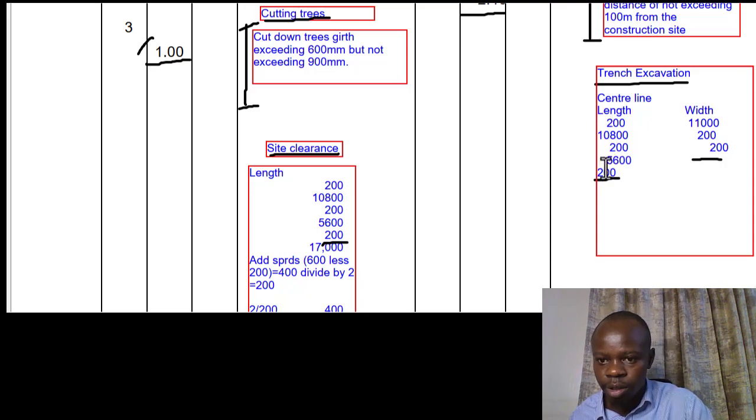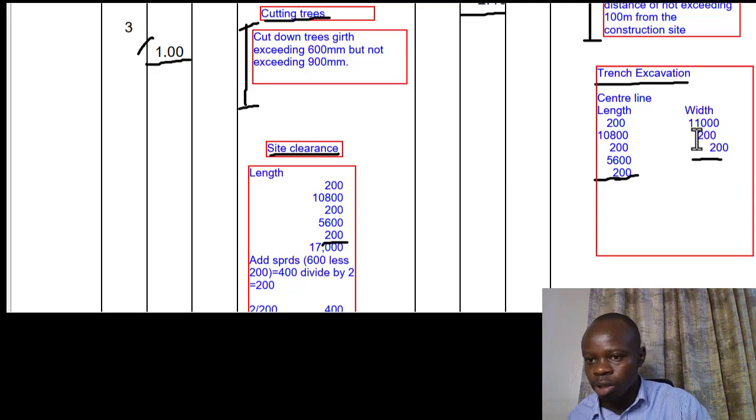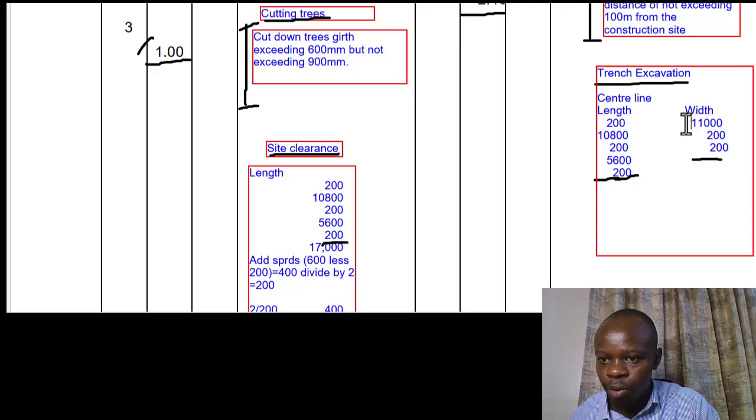We have that, and we have that, and then you keep underlining as you should, and of course you need to find out what these dimensions bring you. Okay, so that is what we have.